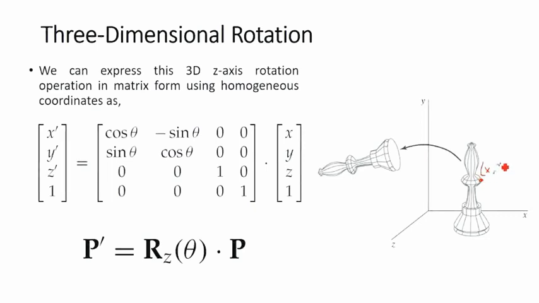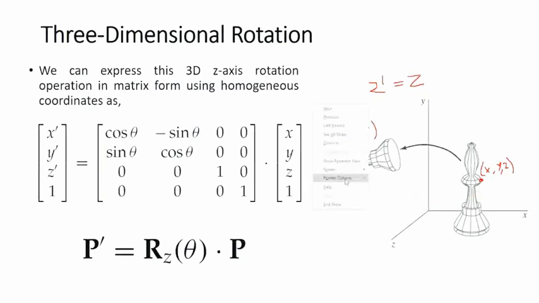Once I rotate this point, the point has moved to this place. This new position has its x changed, y changed, but my z value will still remain the same. So if I consider the new point as z dash, then my z dash will always be the same as my old point's z coordinate value if I am rotating my object around z-axis.